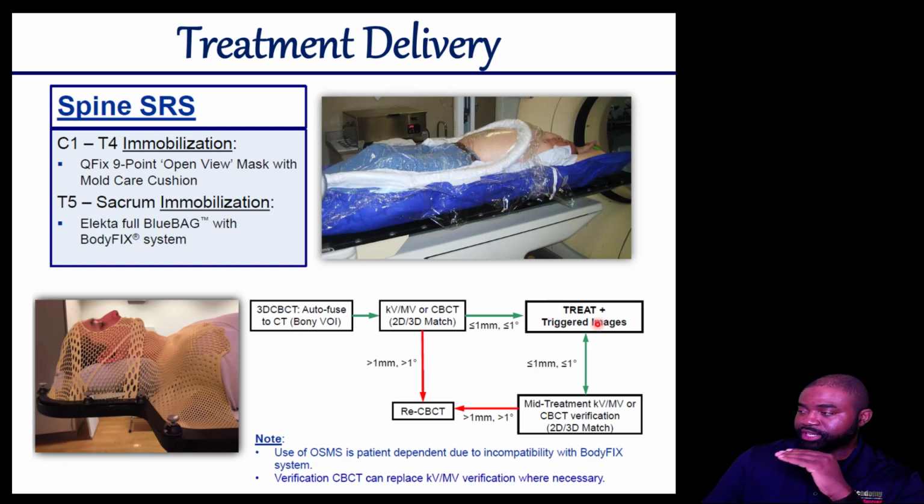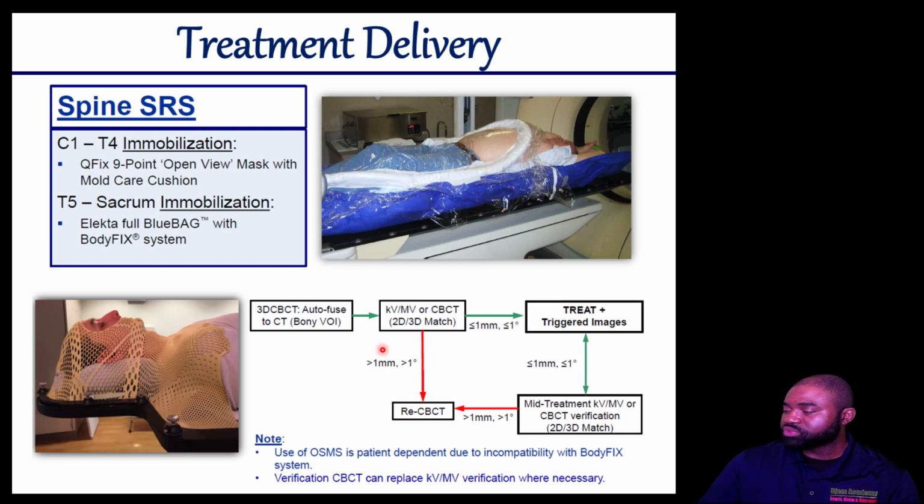During treatment, we need to constantly evaluate the position of the patient because it is critical given how close the cord is to the treated area, and so we do trigger images during treatment. And if we are using VMAT and different arcs, sometimes we do a mid-treatment KV-MV or CBCT, that's between every arc, to make sure that the position is still as good as it was after the patient was set up and aligned with the use of online images.